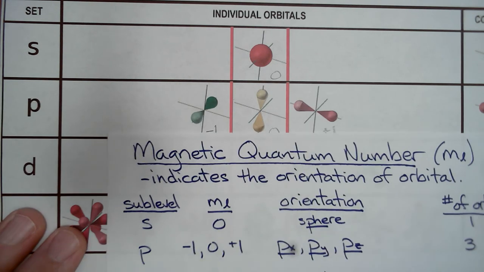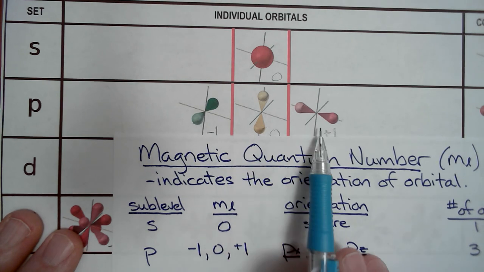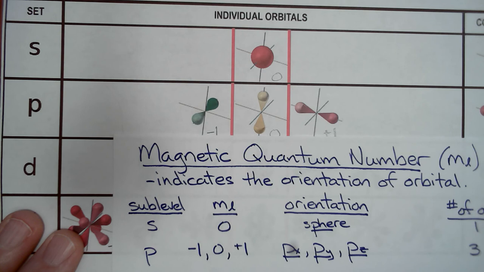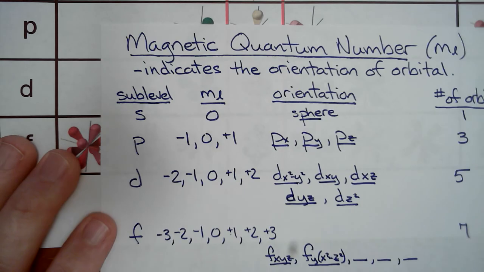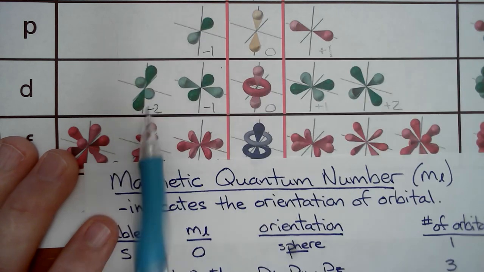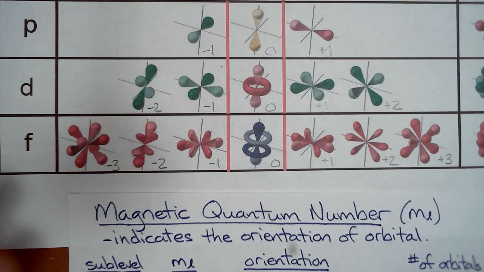This P has the -1, 0, +1, the PX, the PY, and the PZ. Then we have D, and remember D has -2, -1, 0, +1, +2, and there's the 5 there. And I'm not going to go through the 7 again, but you can see the pattern now.